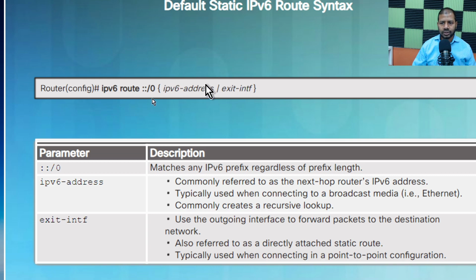That's my default router. That's going to be my gateway of last resort. That is called a default route. I can do it in IPv4 and the same way in IPv6, but we write it a little bit differently, with colon colon meaning all zeros and then /0.